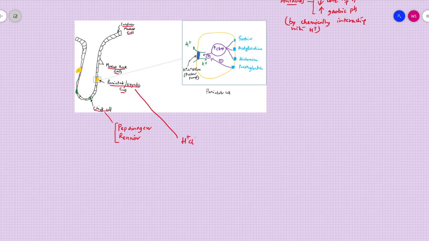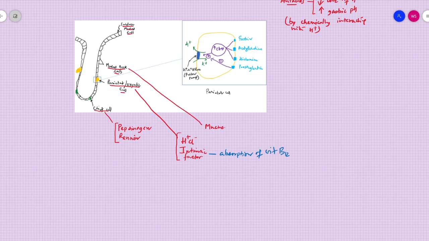They secrete HCl and something important called the intrinsic factor. This intrinsic factor is needed for absorption of vitamin B12, which is an essential vitamin. Then we have the mucus cells. As the name suggests, they secrete mucus.